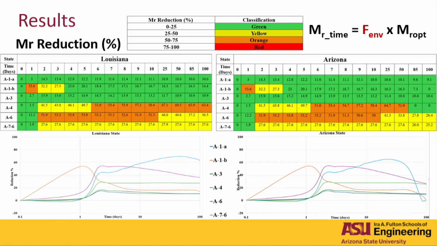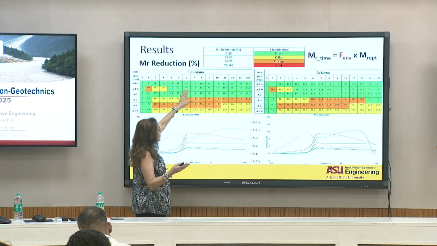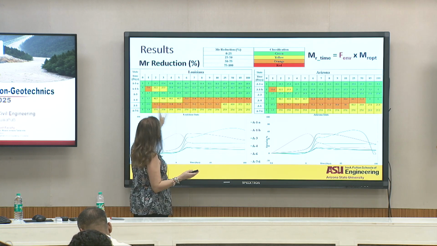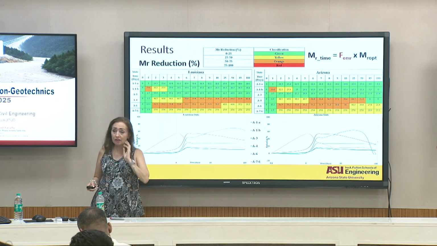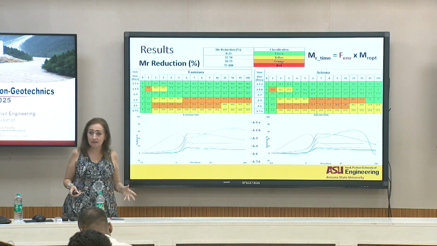We did a little bit more at the beginning, like the first 1 or 2 weeks. We find out that for the first week, depending on the soil type, you either lost 11%, 17%, 13%, but some of those soils you can go all the way to 50 or 60% reduction in a week.